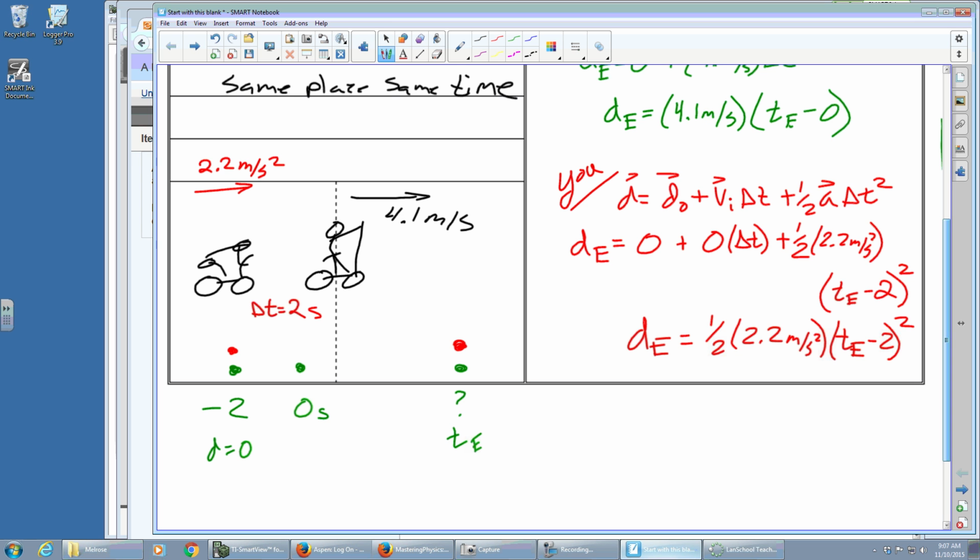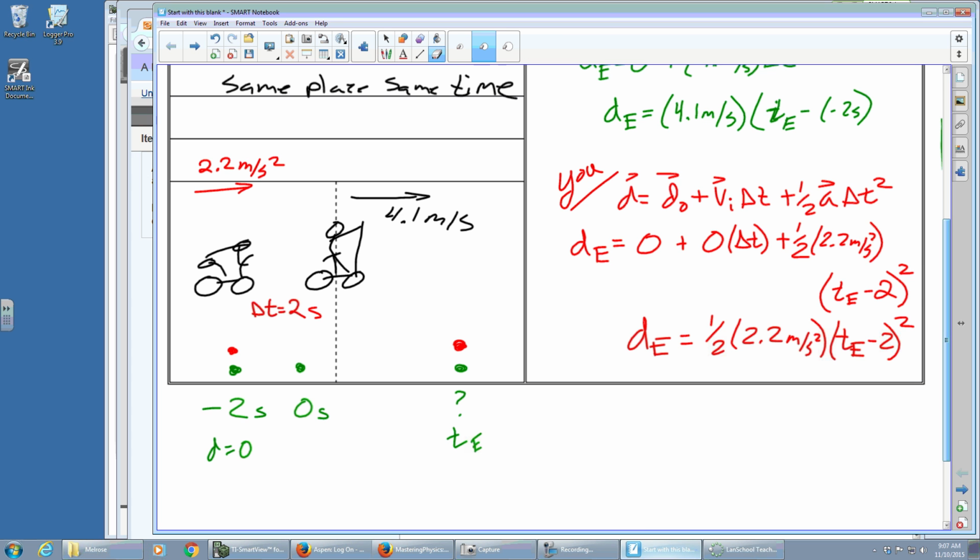Negative 2. I know it seems like a really weird thing, but watch what's going to happen. So rather than 0 up here, we have t sub e minus a negative 2 seconds.